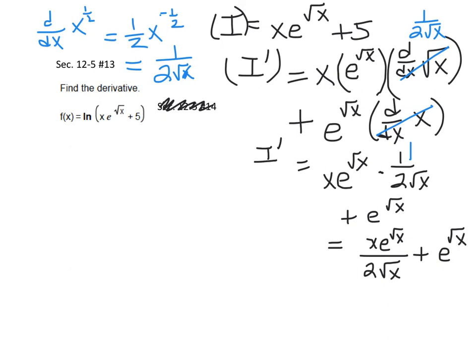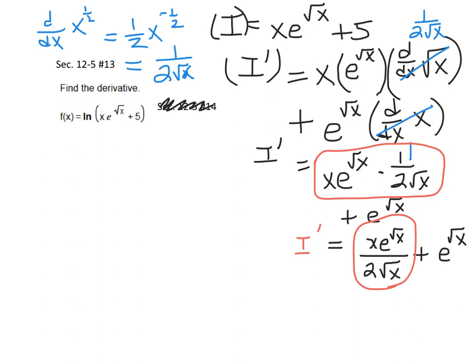And this first term here was just simply multiplying this times 1 over the square root of x. So here's the derivative of the inside. Now, the derivative of the outside is the derivative of the natural log function.